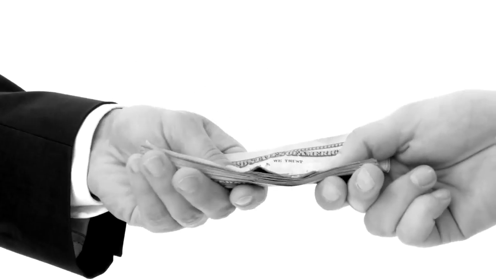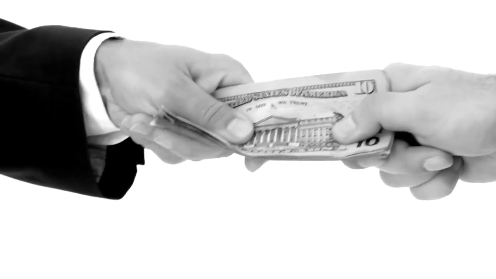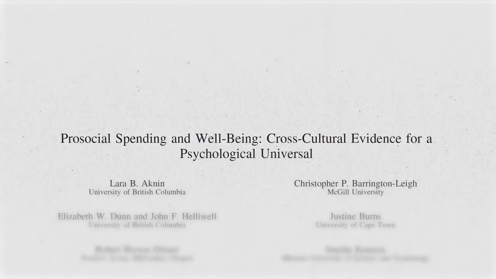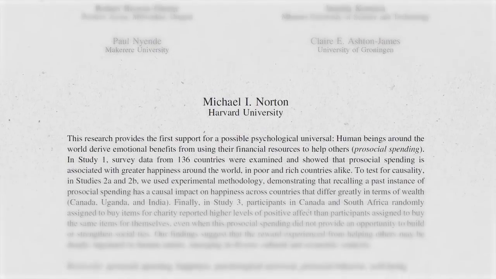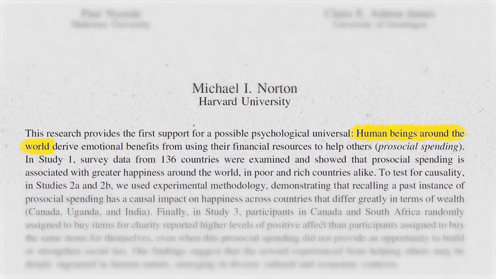And this is an important finding because generosity has been shown to benefit general well-being regardless of things like culture, social status, and wealth. A massive study involving more than 200,000 participants across 136 countries has evinced that human beings around the world derive emotional benefits from using their financial resources to help others, something known as pro-social spending.